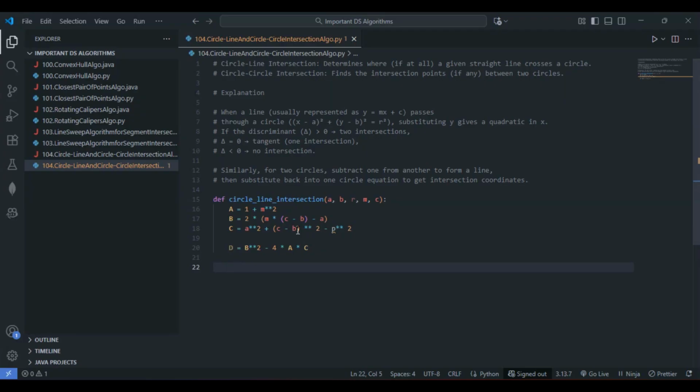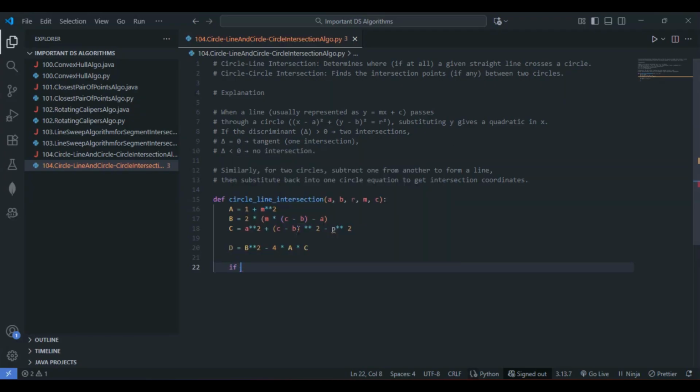So only two things here: when d is less than 0, there is no intersection at all, so we just return an empty array. When d is 0, we return this one tangent point. Else we have two intersection points.